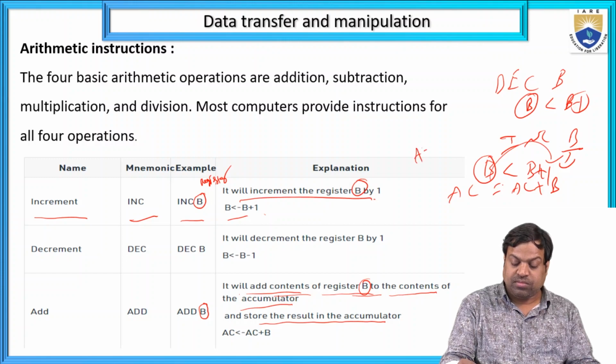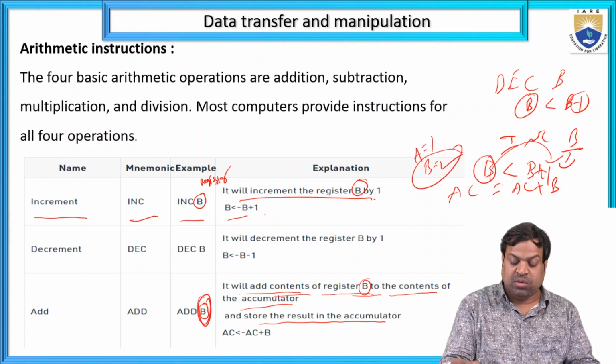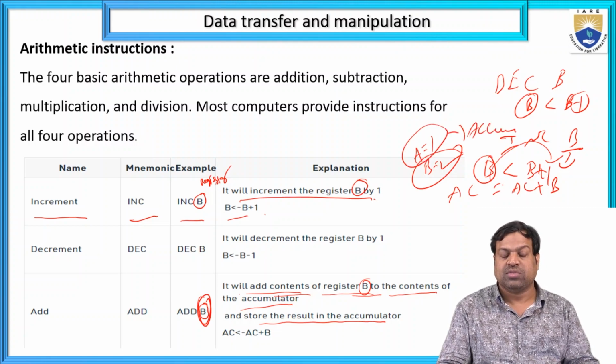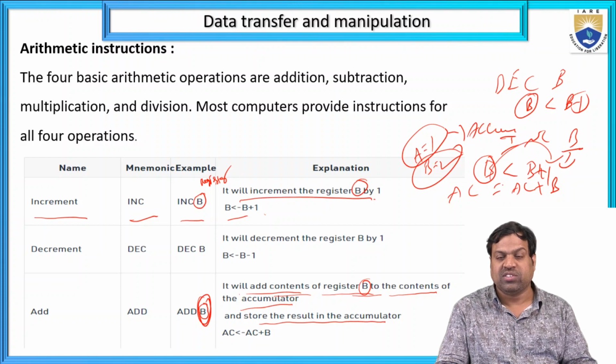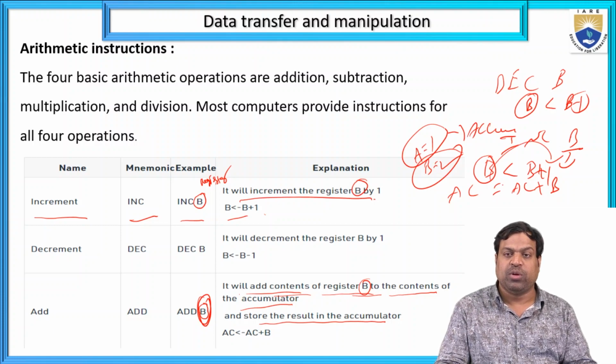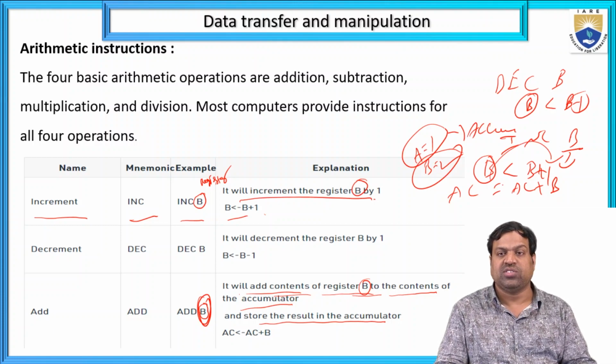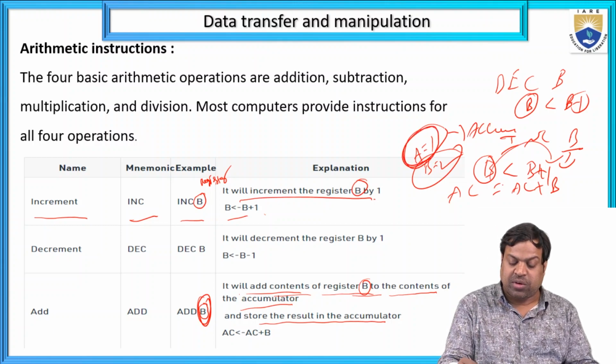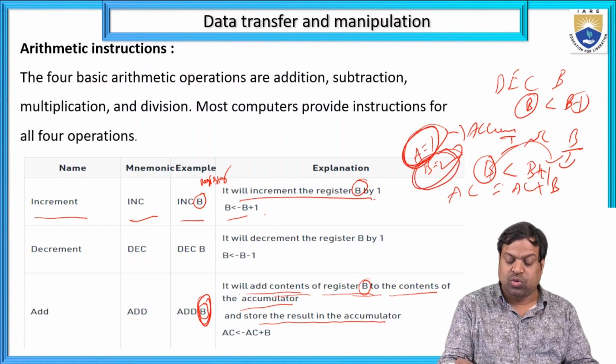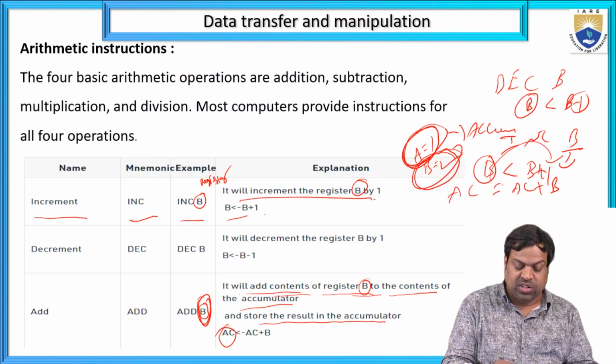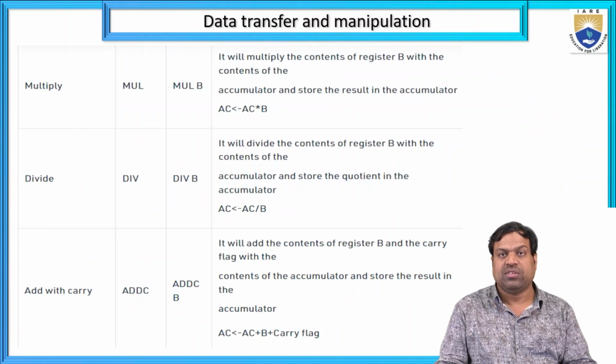Suppose A equals 1, B equals 2. We already know B equals 2, and A I am taking as the accumulator, so the accumulator equals 1. The accumulator is one input, B is the other input. The resultant value is stored in the accumulator: accumulator equals accumulator plus B. The accumulator value is 1, B is 2, 1 plus 2 is 3. This 3 is stored in the accumulator.